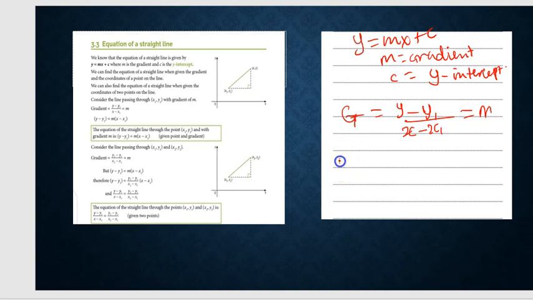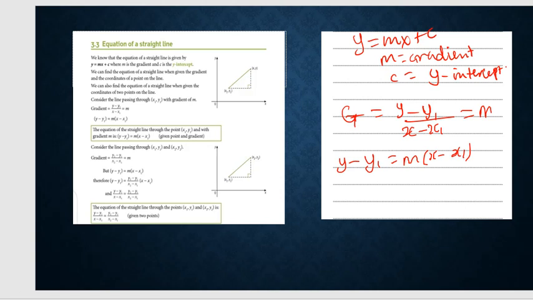In other words, y minus y1 equals m into x minus x1. So the equation of a straight line through the point x1, y1 with gradient m is y minus y1 equals m times x minus x1, and we can compute this to find the equation we are looking for.